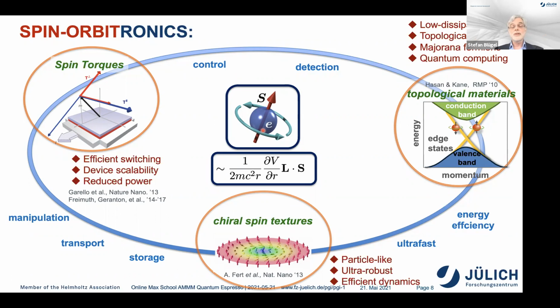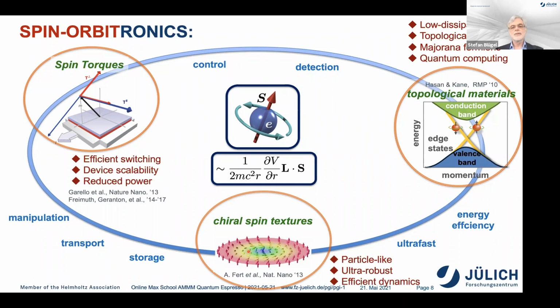This Dzyaloshinskii-Moriya interaction can form chiral magnetic textures. One of them is the chiral magnetic skyrmion. It's a finite size object of 10, 20, 30 nanometers and behaves like a particle. It is ultra robust, and has a very efficient dynamics.